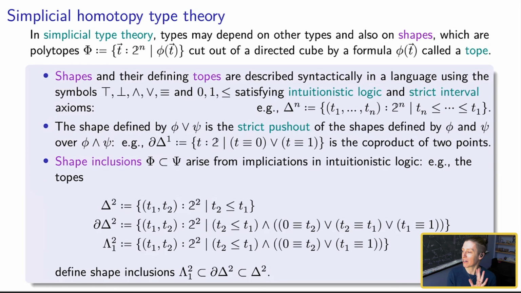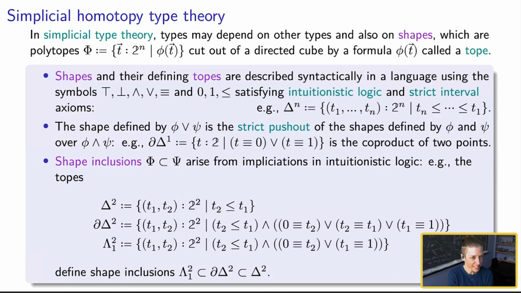If I restrict to the points that satisfy the inequality which says that tn is less than or equal to tn minus 1 is less than or equal to tn minus 2 is less than or equal to, et cetera, t1, that carves out a region inside the cube, and it has the shape of an n-simplex, so an n-dimensional triangle. And so that's the prototypical example you should think about as a shape.